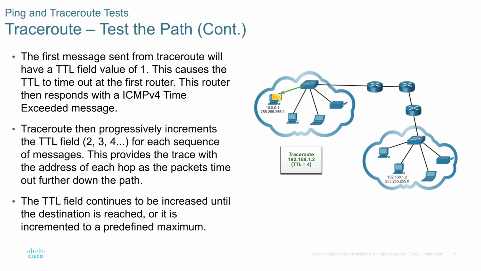Many network administrators do not allow traceroute to work in their network due to security. The time to live field continues to be increased until the destination is reached or it is incremented to a predefined maximum, which can be set with the extended functions of traceroute.